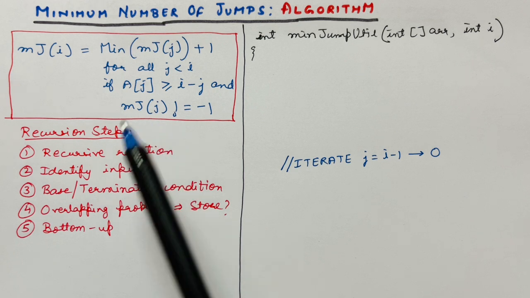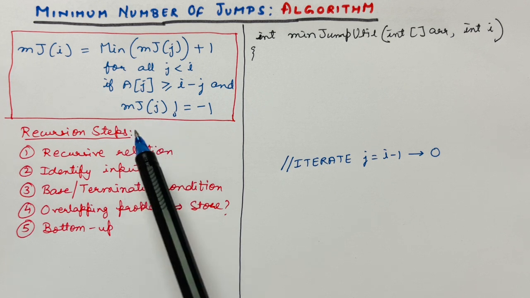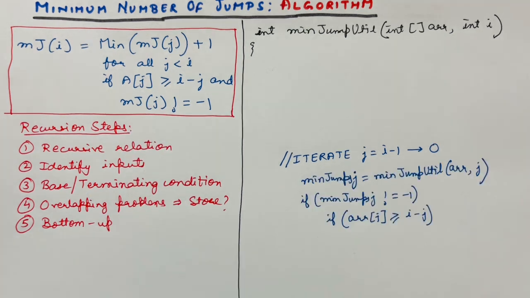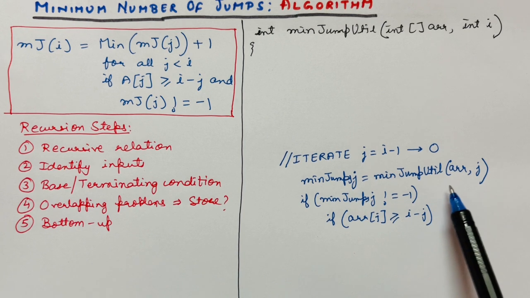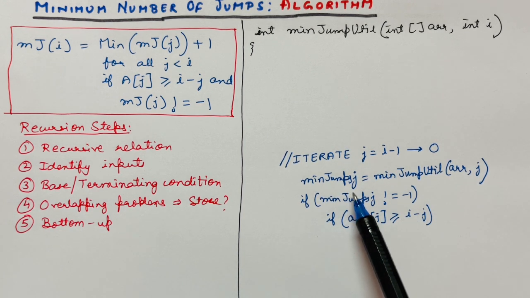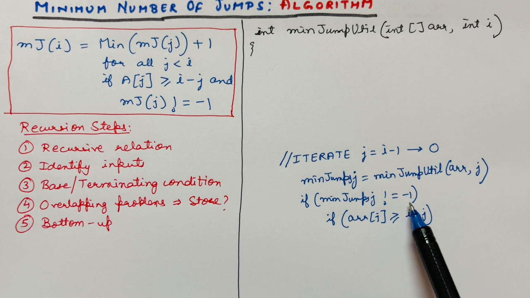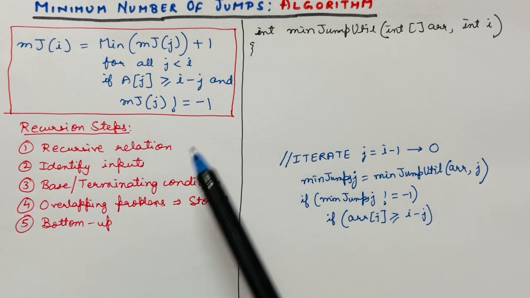So let us first check if the j is reachable. To check if that j is reachable, we need the answer for j, minimum jumps for j. So we call the same method with input as j to find out the number of minimum jumps required to reach j. And if that answer is not equal to -1, that means j is reachable.